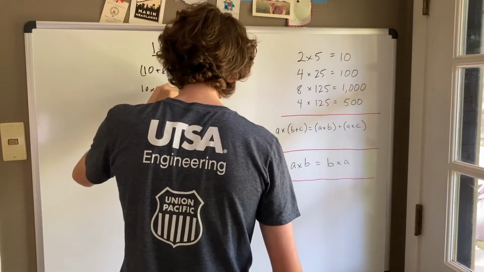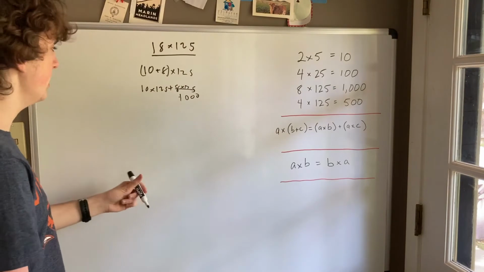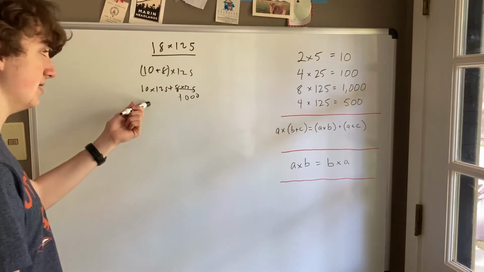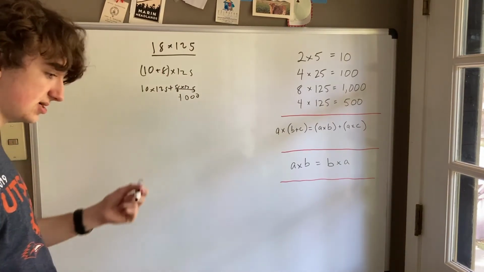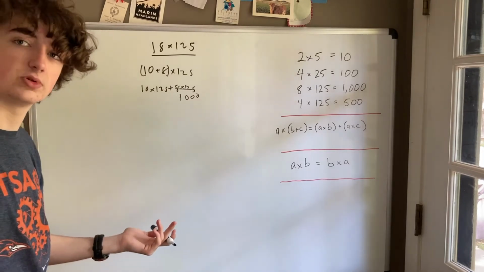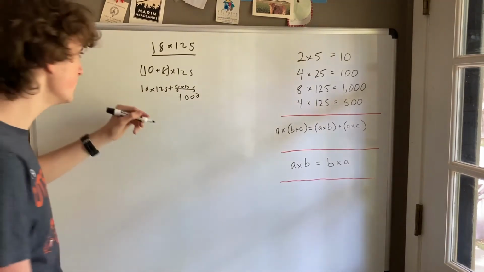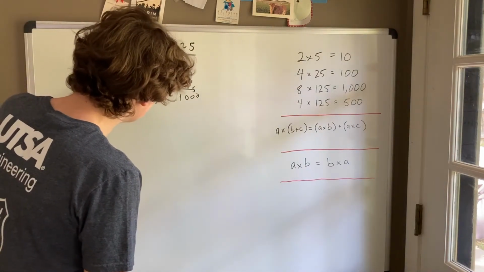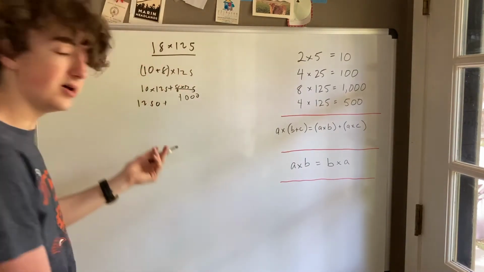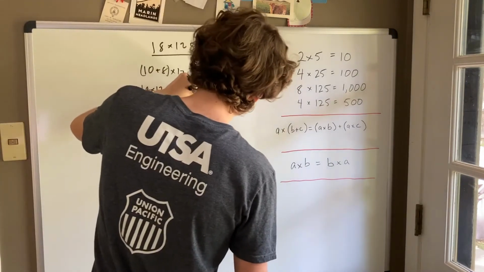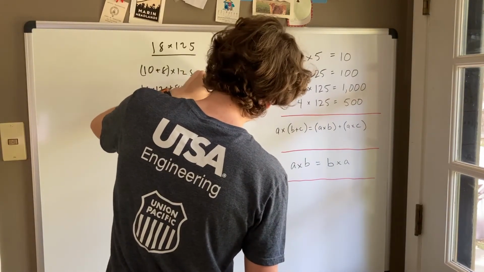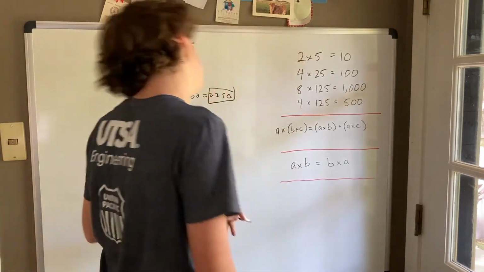Swap that out for 1,000, and now we just have 10 times 125 plus 1,000, and multiplying by 10 is really simple. All you have to do is add a 0 onto the end of 125. 1,250 plus 1,000, again, really easy math, 2,250. And there you go.